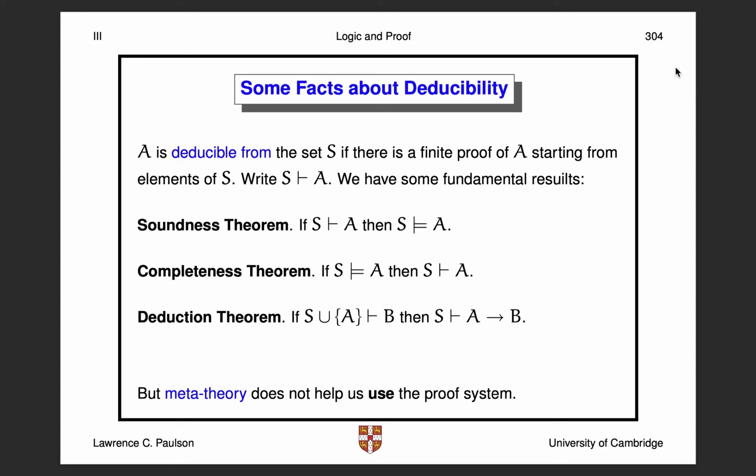This is the most important property because clearly, what is the use of a proof system that tells you that things are theorems when they don't actually follow with the truth tables?